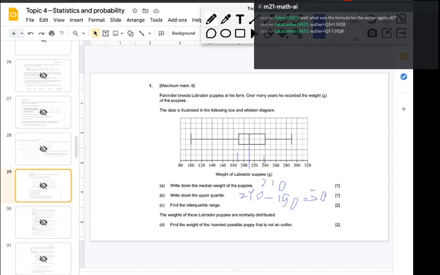And to find the outlier, it's basically Q1 minus IQR times 1.5. And then the second is Q3 plus IQR times 1.5. Okay, I can type, that's good. So that would be 190 minus 50 times 1.5.